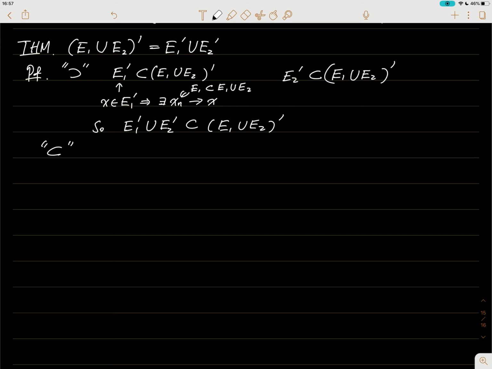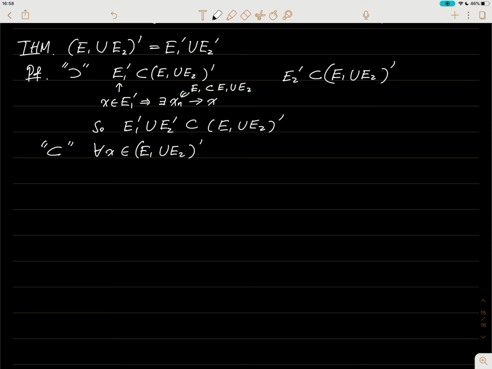So let me now show this direction. What I need to do here is to show that for any x in this, x is either in E1 prime or in E2 prime.